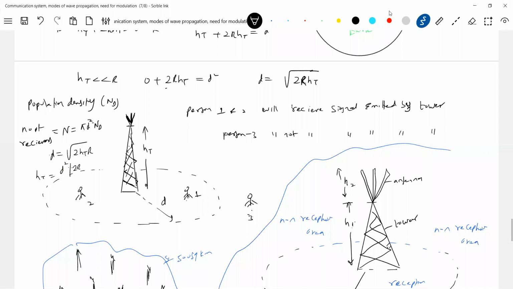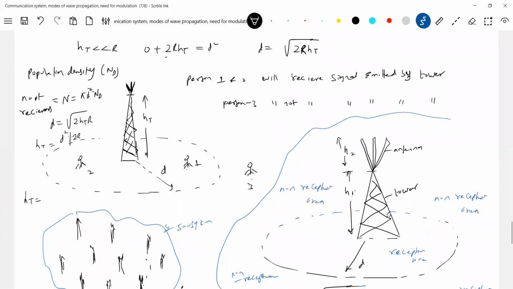So, based on the population density, it has to be researched. Now bring that d square, eliminate d square. We'll get the expression for d square as N by pi n_D. Let it be this simple.